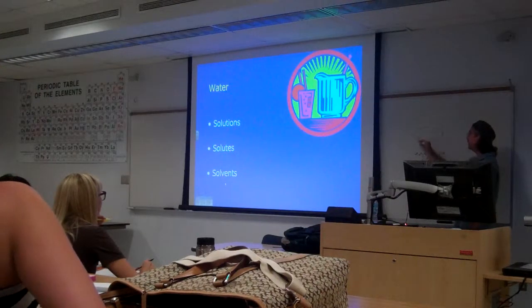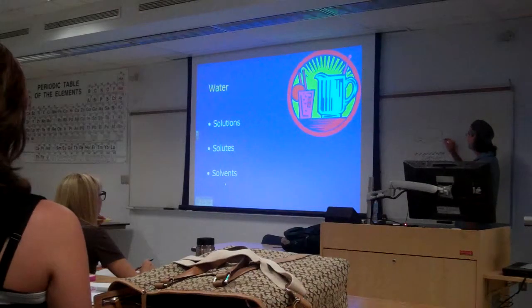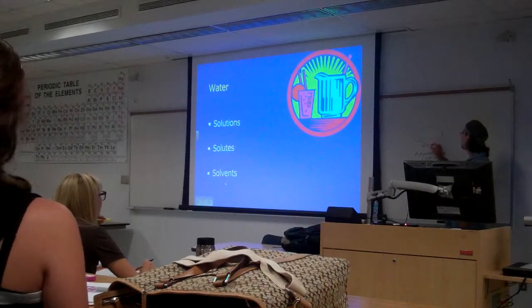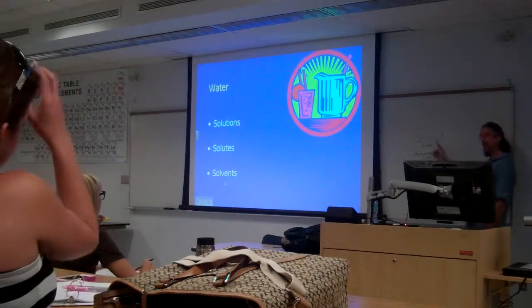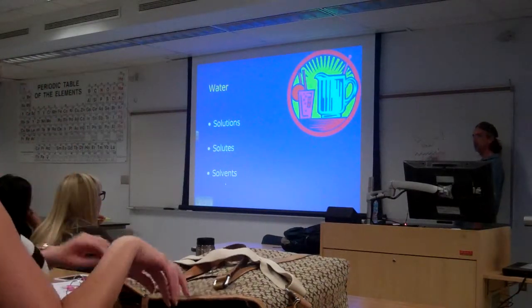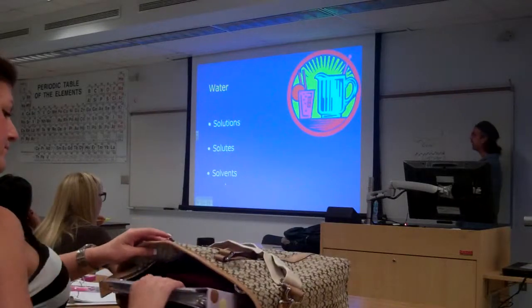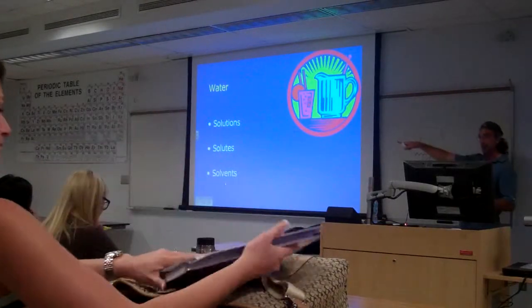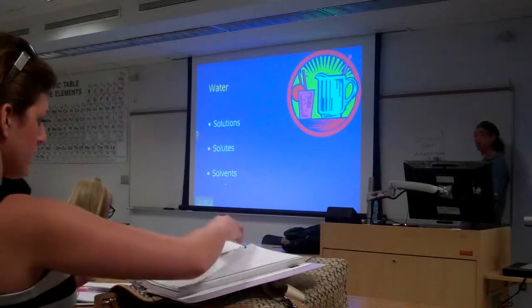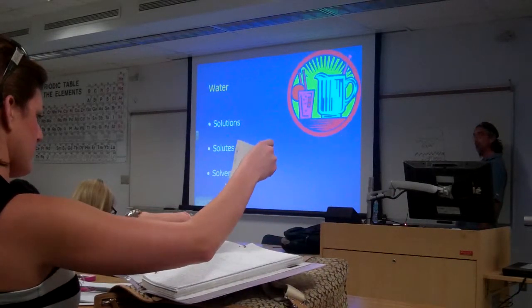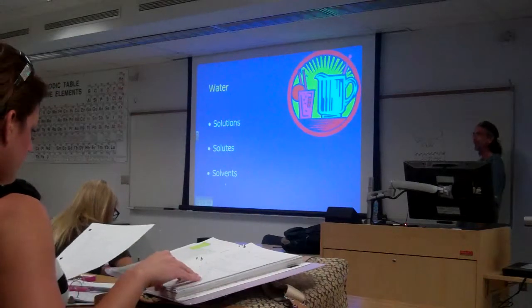Then we're going to mix it with water, right? Here's what we're going to have. To make a solution, when I mix all this stuff together, it's called a solution. That's my final product, a solution. Solute is the stuff that dissolves in water. So that's my sugar and my purple dinosaur mix. That's my solute.